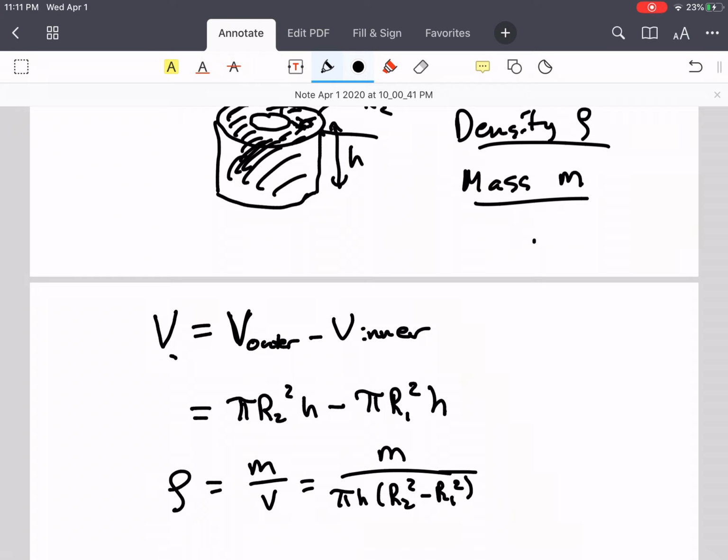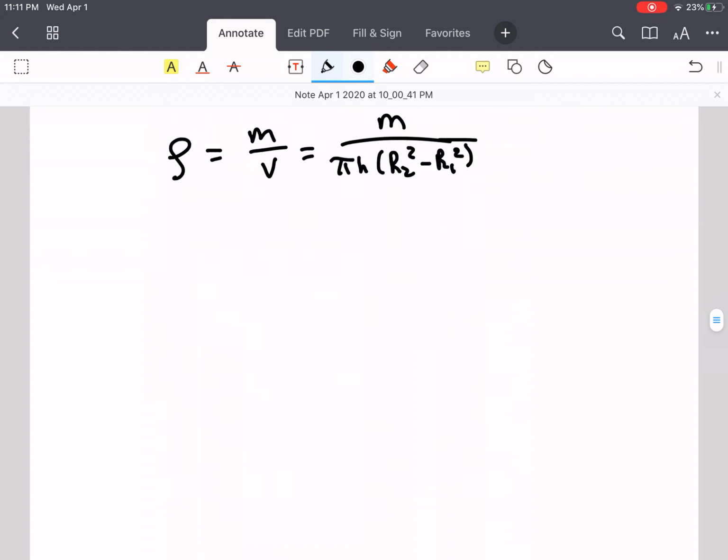All right, so now if I want to go ahead and do calculus, I need to break this up into little slices. And here it doesn't make sense to break it up into little linear chunks. I want to do something that makes sense in terms of the symmetry of the problem. So I'm going to look down on my cylinder. Here's the same thing drawn in profile view. There's R2, there's R1.